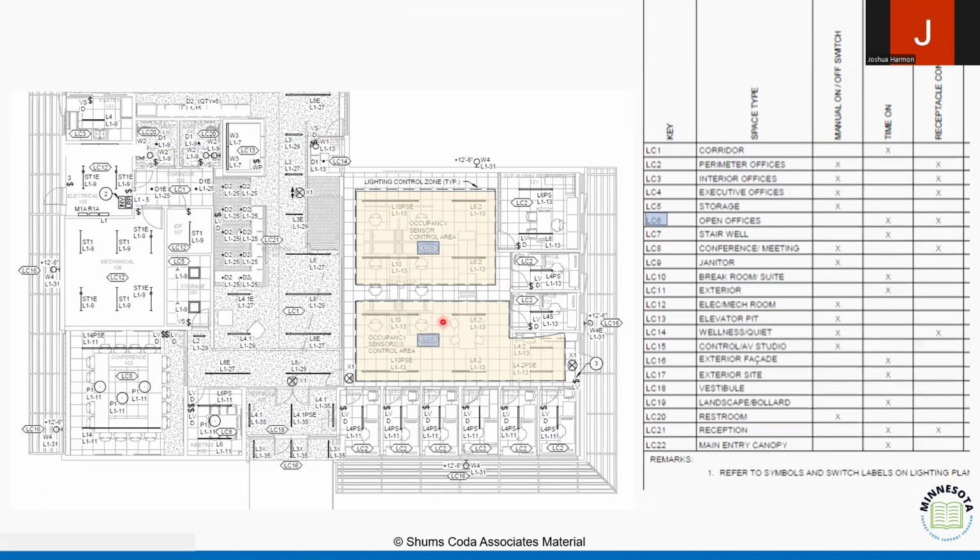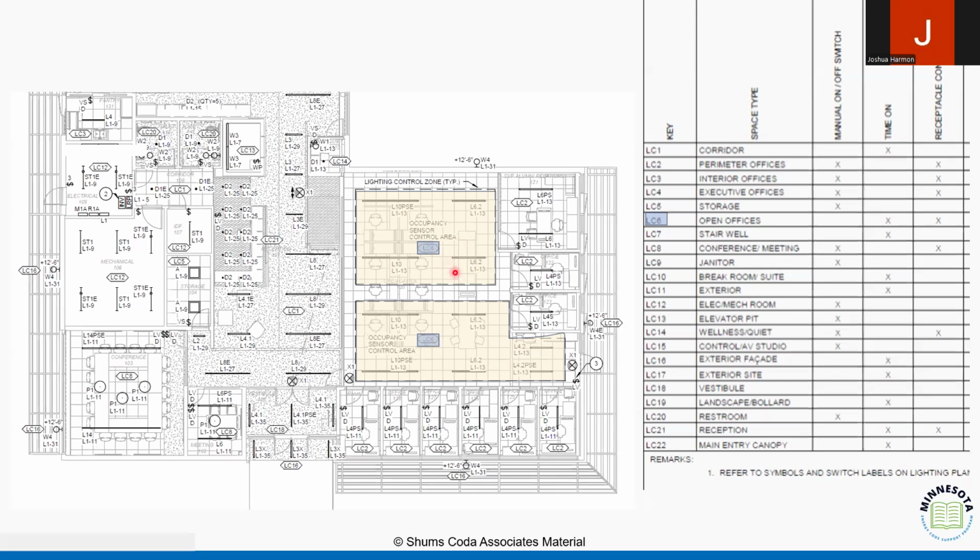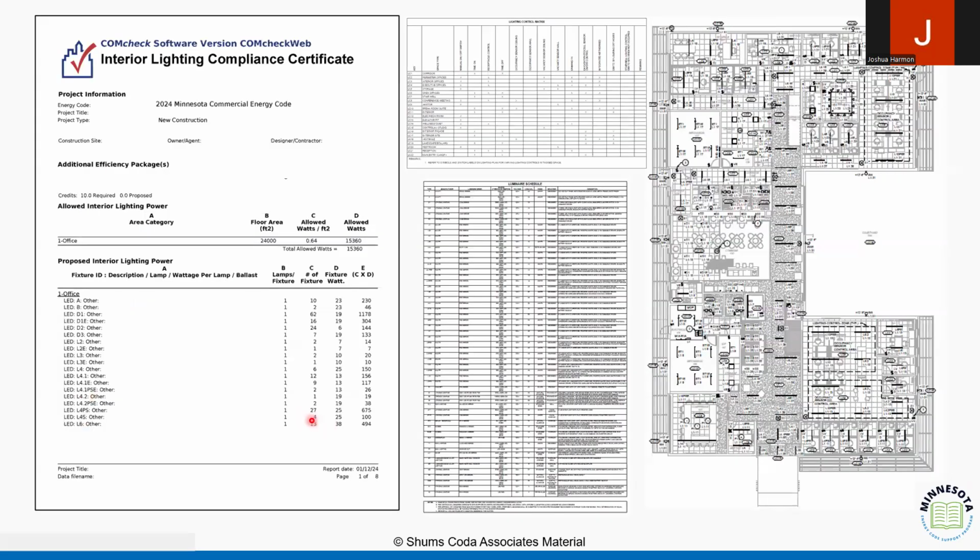We see our specific lighting fixtures identified in LC6. I think it's this one here. We can verify it on both the schedule and the plan to say, yes, you've identified that you're going to use 4 of these.